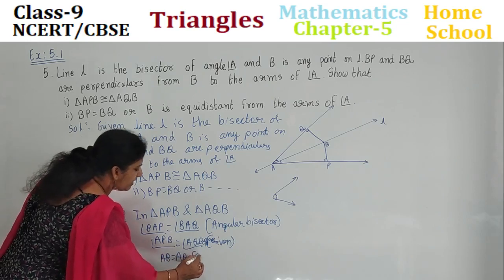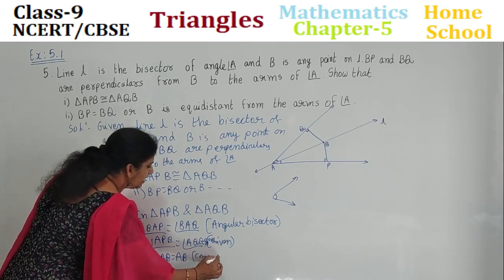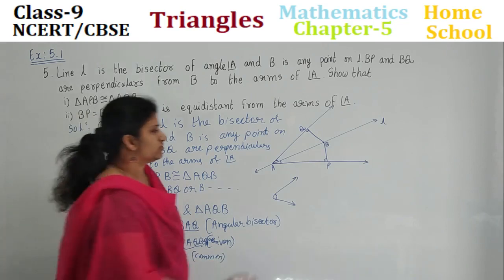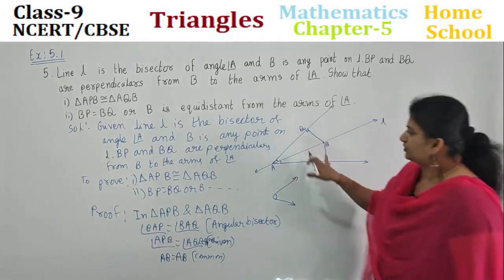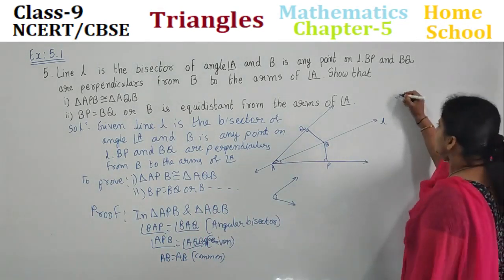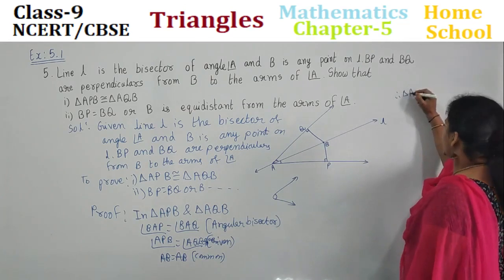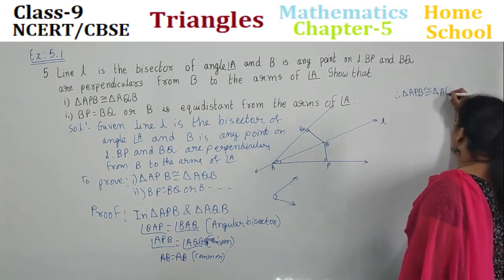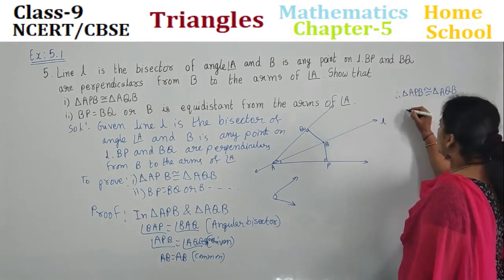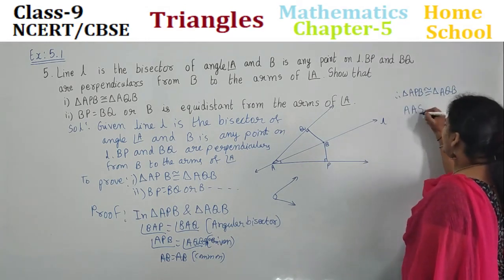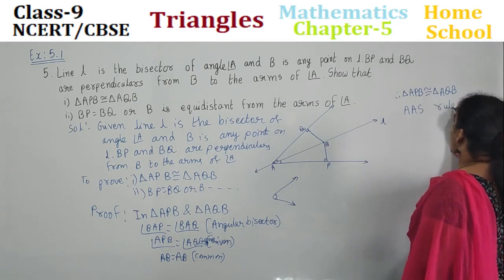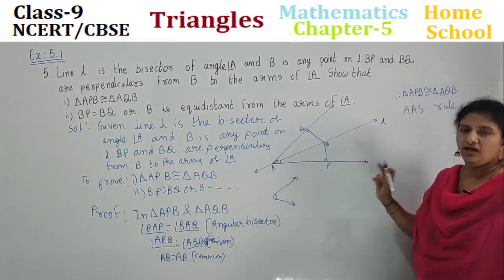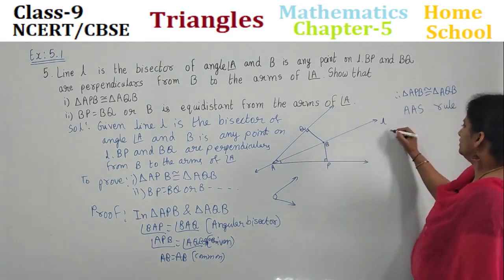AB is equal to AB. How can you say this? By common. This side is common for the two triangles. Therefore, triangle APB is congruent to triangle AQB by the angle side rule. I say that these two triangles are congruent.